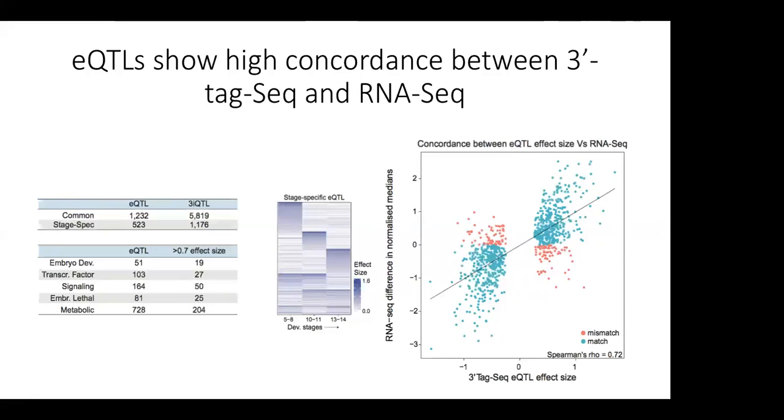And what we see, as you can see in this plot, is a good correlation between these two datasets. So we validated, after all the mappability filters and the computational controls that Niels did, that our eQTL calls are solid.